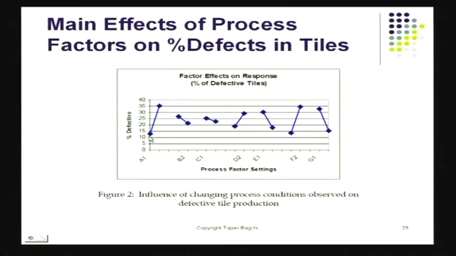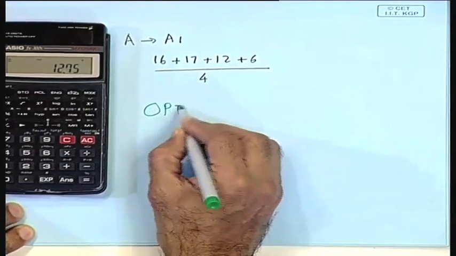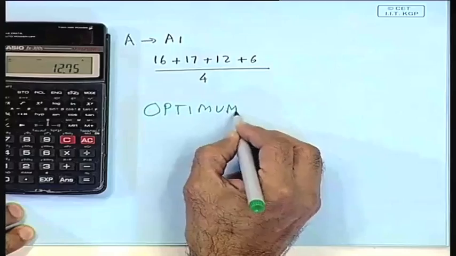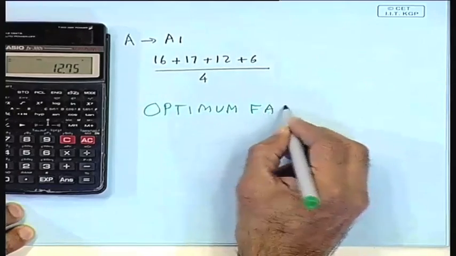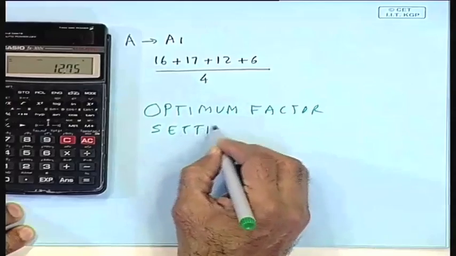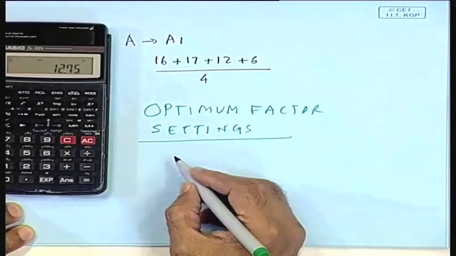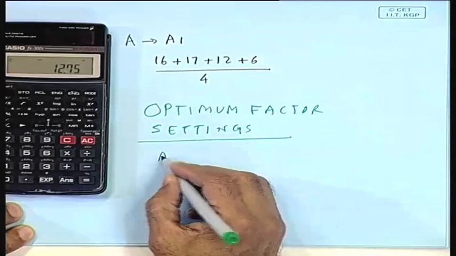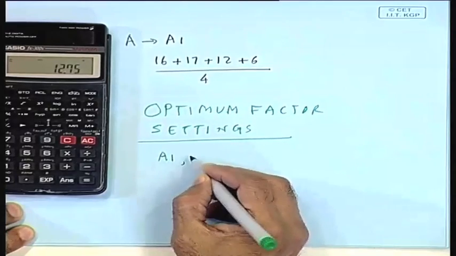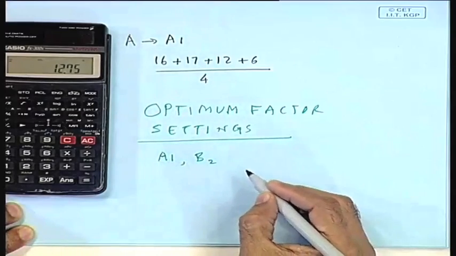So my optimum setting here is going to be, if I write down the optimum factor settings: for A it's going to be A1, then for B it's going to be B2, because that's going to give me a lower rate of defects.